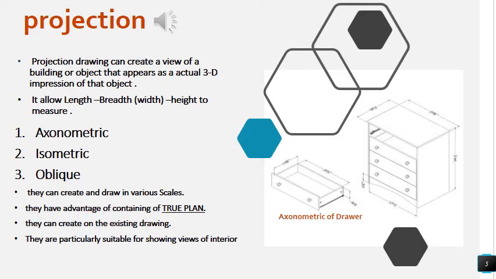Now we are talking about projection, and there are three basic types of projection: axonometric, which we have already discussed, though we will discuss the rules of axonometric which we haven't discussed before, isometric projection, and oblique projection.